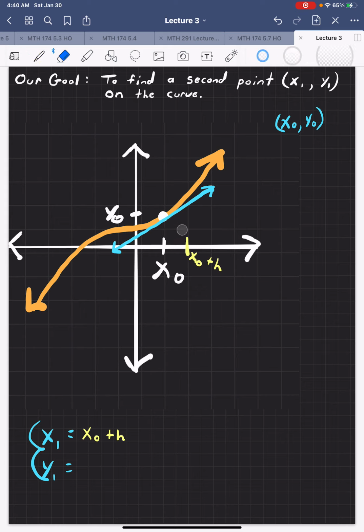All right, so now that we're here at this new x position, we are going to rise until we hit what? Well, it would be nice to rise until we hit the orange curve, right? But we don't have that. We don't have the actual solution. So what we're going to do is rise until we hit this tangent curve.